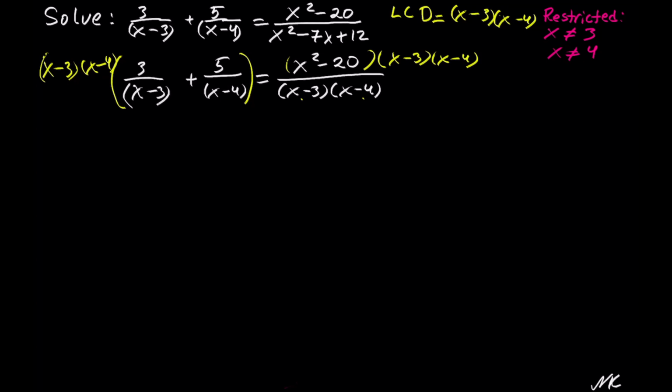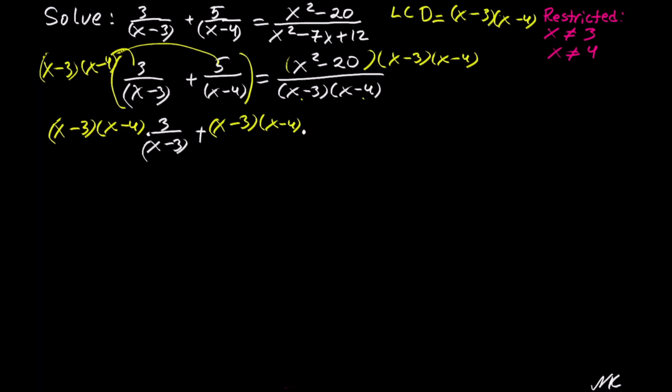Let's distribute the LCD on the left, and we have x minus 3 times x minus 4 times 3 over x minus 3 plus x minus 3 times x minus 4 times 5 over x minus 4, and this is equal to, on the right we have x squared minus 20 times x minus 3 times x minus 4 over x minus 3 times x minus 4. X minus 3 divided by x minus 3 cancel out. X minus 4 divided by x minus 4 cancel out. So we are left with x squared minus 20 on the right.